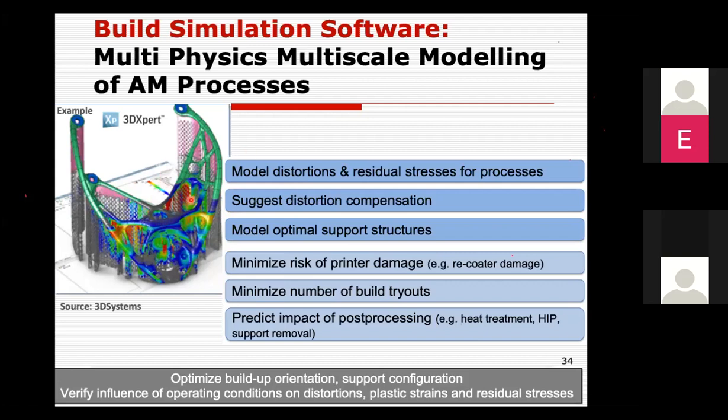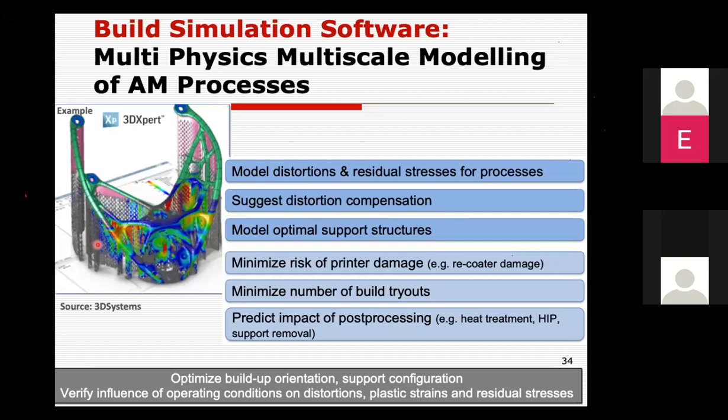How do you simulate this? You may use multi-physics, multi-scale modeling. How do you tackle it? You will be working with huge temperature gradients, right? You may be operating at very high temperatures, but for a fraction of a second, so you have huge temperature gradients.